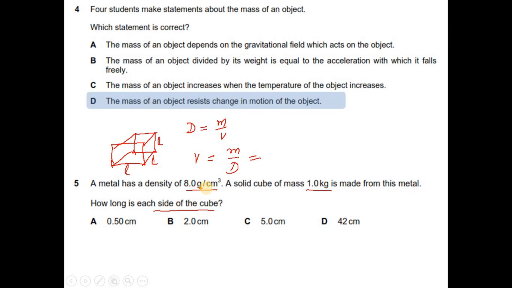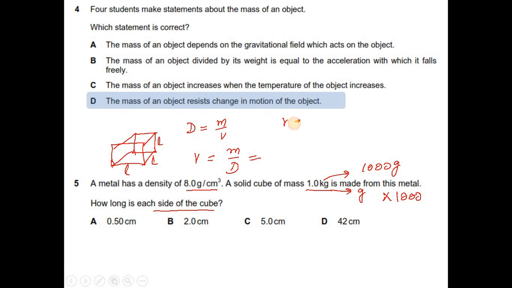Density is given in gram per centimeter cube, this is the CGS system, and the mass is given in kilogram, the SI system. So we will convert this kilogram into gram by multiplying by 1000. So the mass will be 1 times 1000, that means 1000 gram, and I will substitute 1000 gram in the formula.